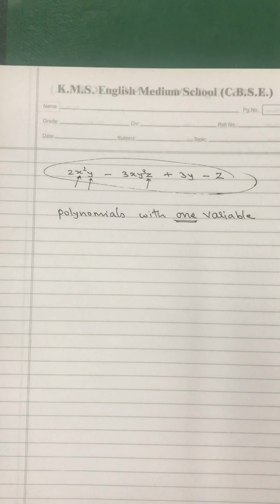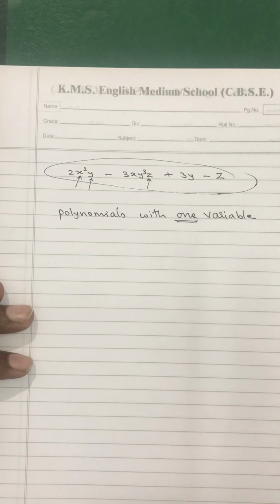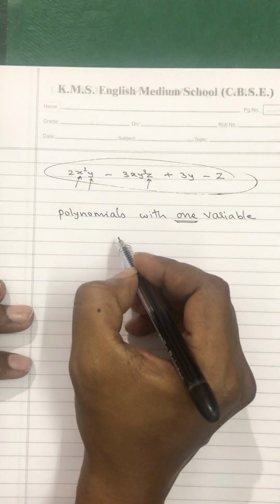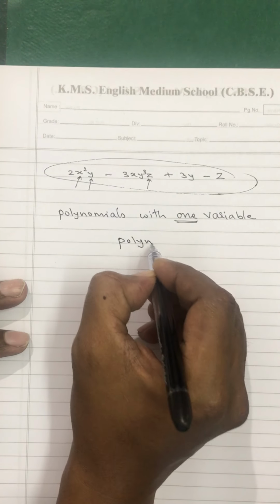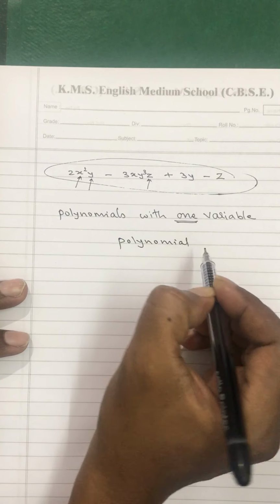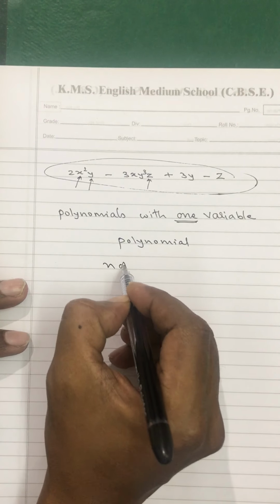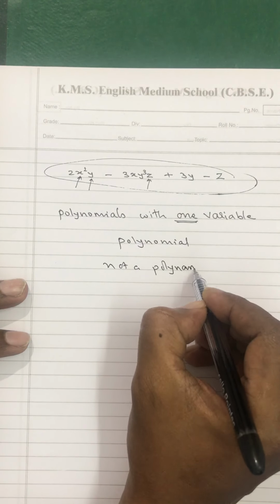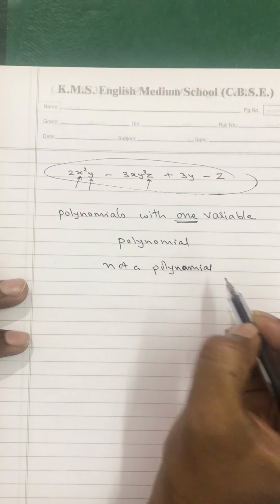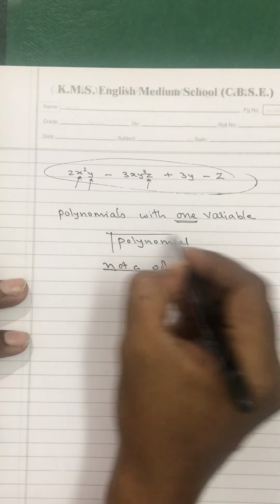See, basically, a given expression can be a polynomial or it cannot be a polynomial, either of the two.